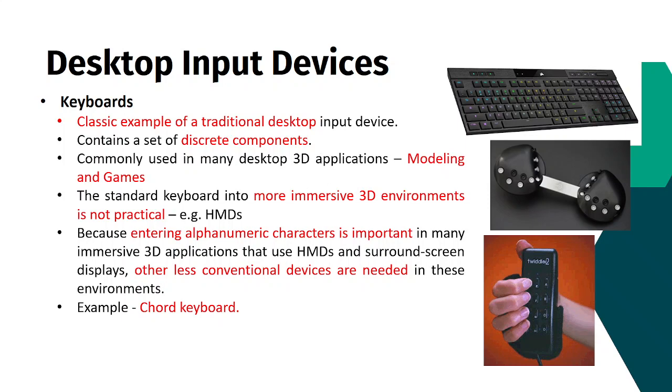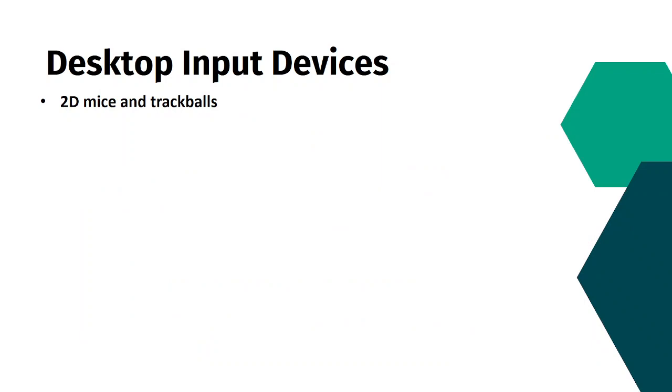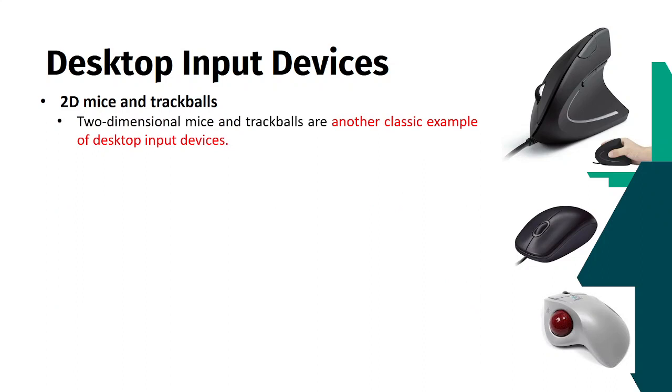The second type of devices are the 2D mouse or trackballs. These are general images of the 2D mouse, with different orientations which are available nowadays and are ergonomically useful. Now again, the 2D mouse is a very classic desktop input device which has multiple buttons, and these are used to handle windows, icons, menus and pointers.